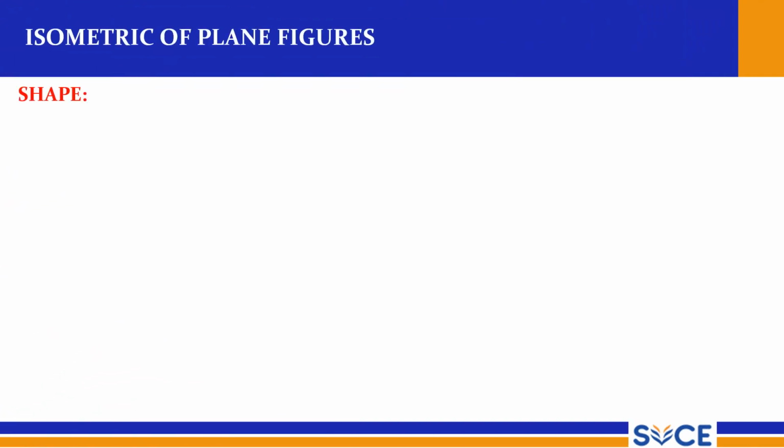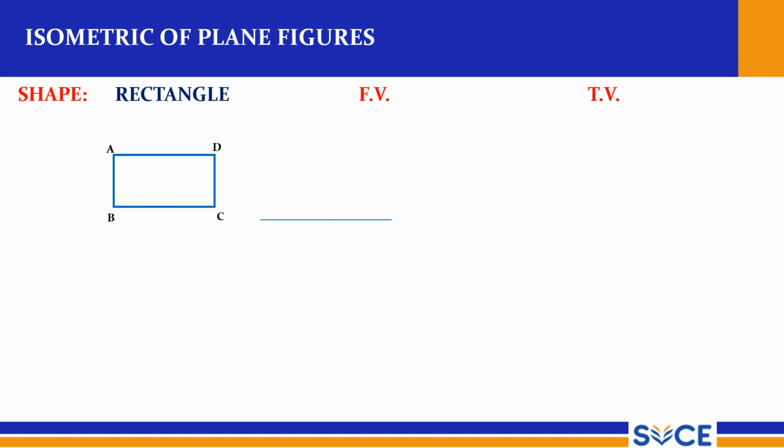Now isometric of plane figures. This is the shape, with front view and top view, and it is a rectangle. For this rectangle, the top view is drawn on the 30-30 plane. Sorry, the front view is drawn on the 30-90 plane. B is taken as my reference point, and from here I have drawn the rectangle in front view.